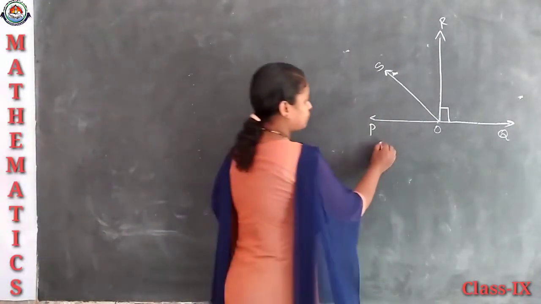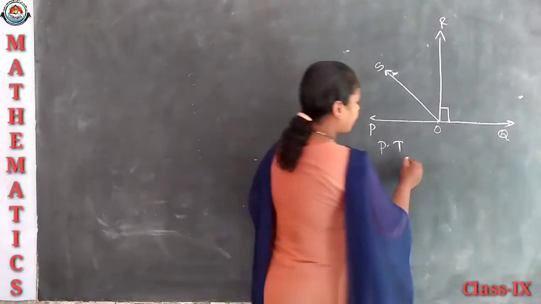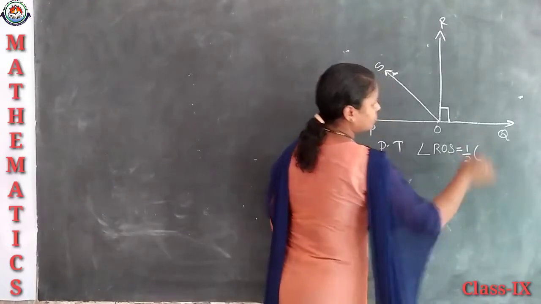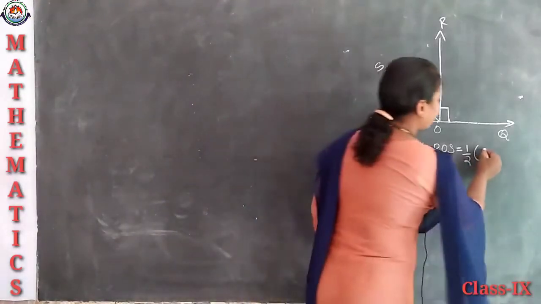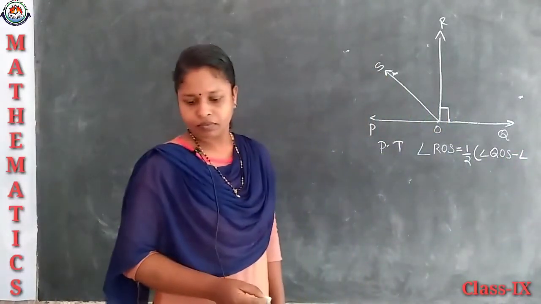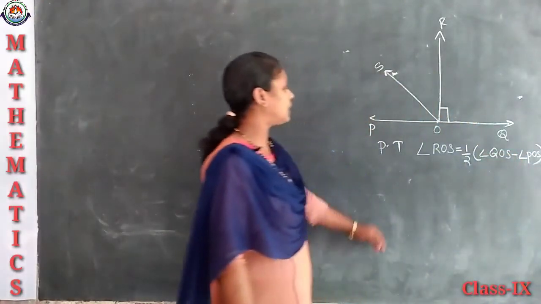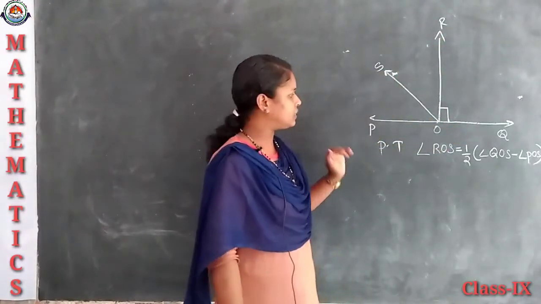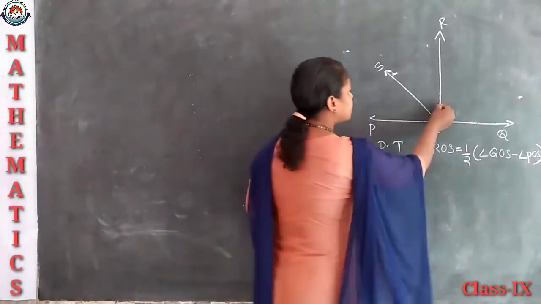We need to prove that angle ROS equal to half into angle QOS minus angle POS. Angle ROS means this angle.